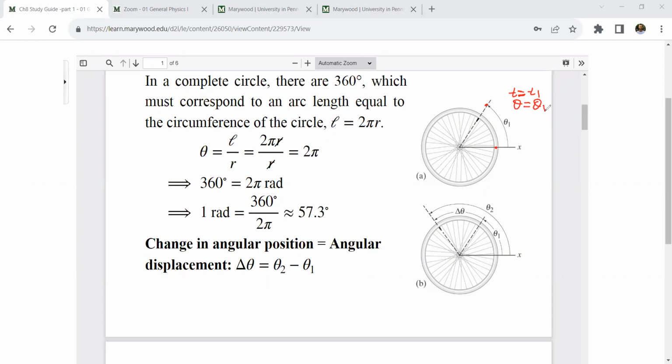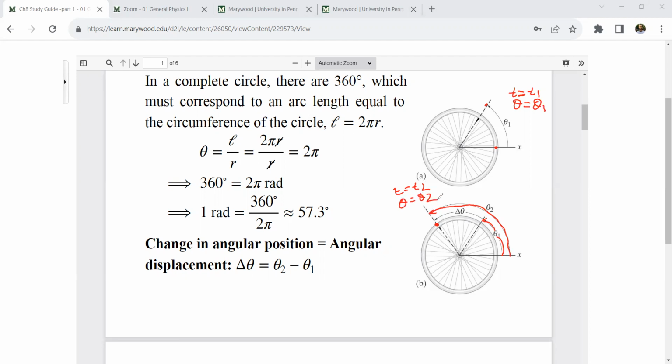Now let's say at time t equal to t2, the point P is now here. Earlier the angle was theta 1, and now this is the angle theta 2.